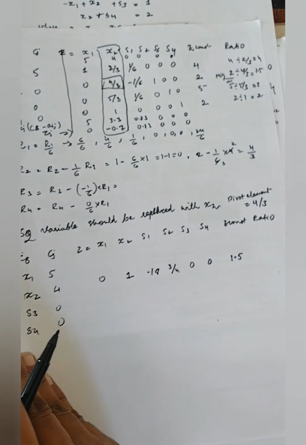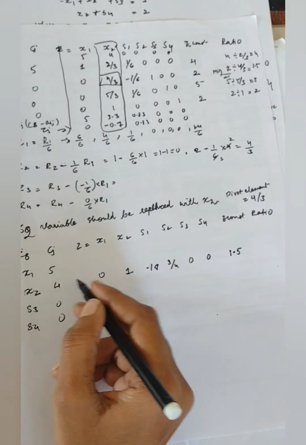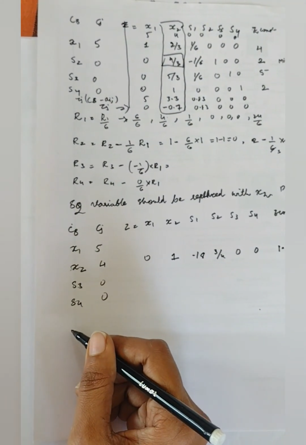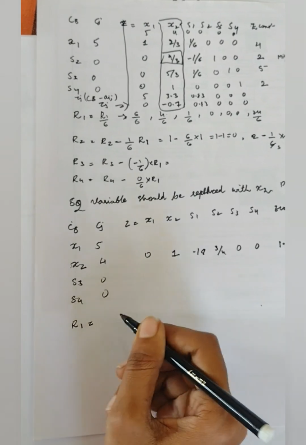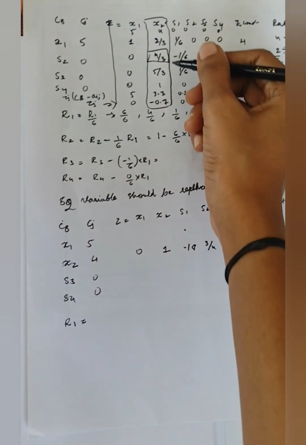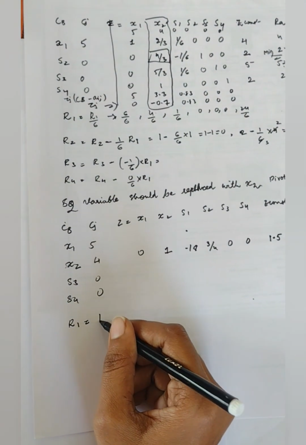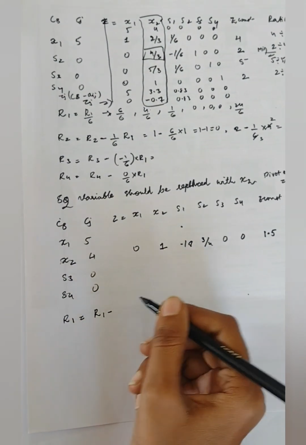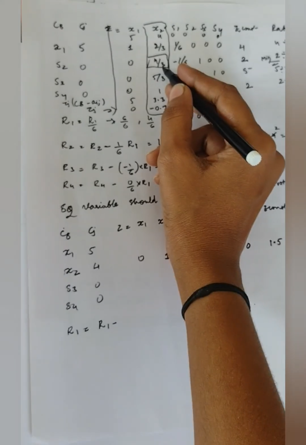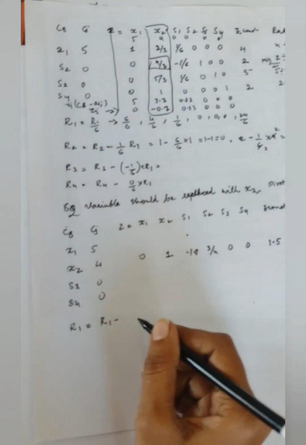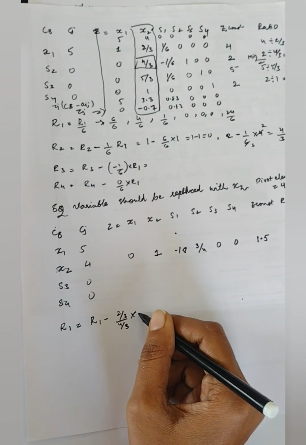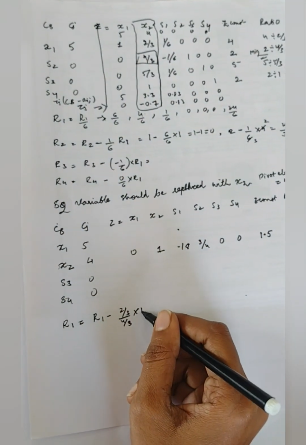Now row 1, row 2, row 3, row 4, right? For x1, for row 1, to make this element 0, that is row 1 minus 2 by 3 divided by 4 by 3 into R2, with respect to R2.